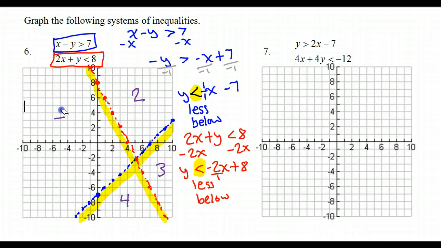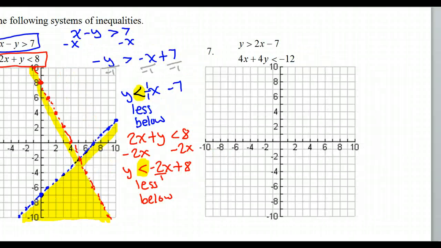And the reason is zone 4 satisfies both inequalities. The shading helps you see because zone 4 has the shading from both. That means it's below the blue line like it's supposed to be, and it is also below the red line. So this is the only zone that I want you to go ahead and shade in completely. The other areas only get a band. Okay, so that is what number 6 should look like.